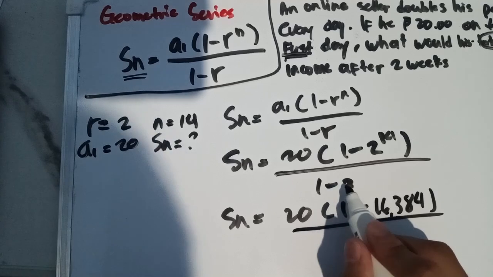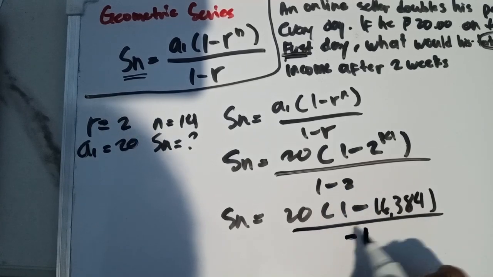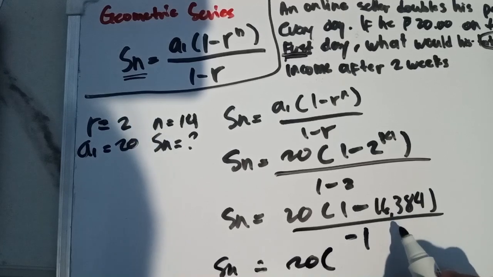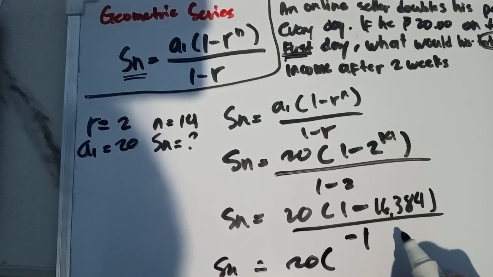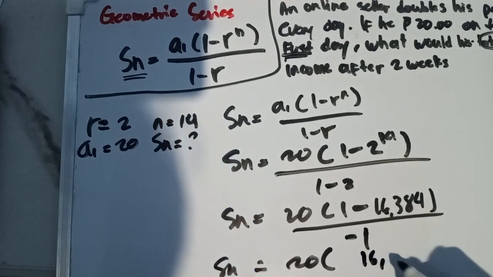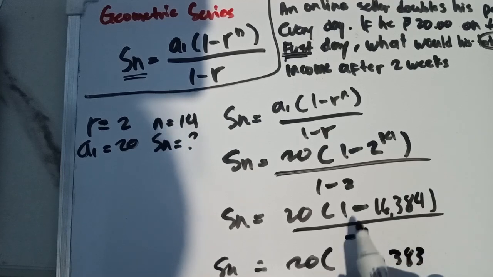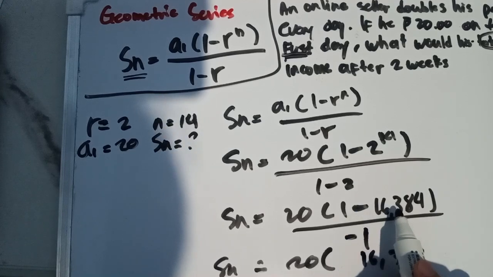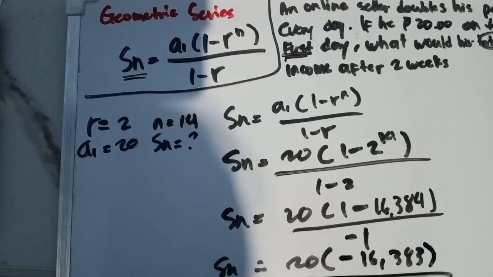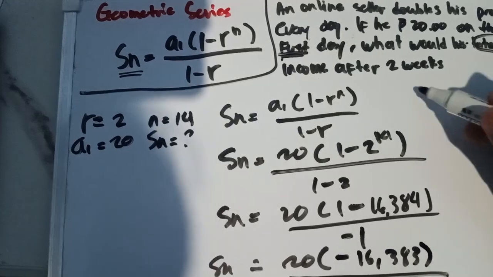Since 2 is bigger and nasa second term siya, it will become negative. So 20 times 1 minus 16,384. Magbabawas lang tayo ng isa, magiging 16,383, but since mas malaki si 16,384 and nasa second term siya, negative na integer, over negative 1.